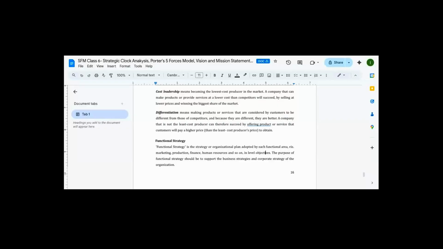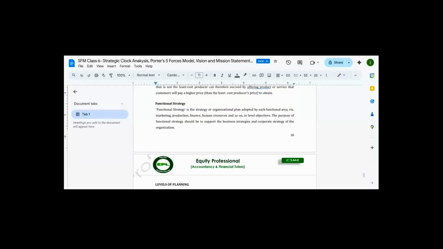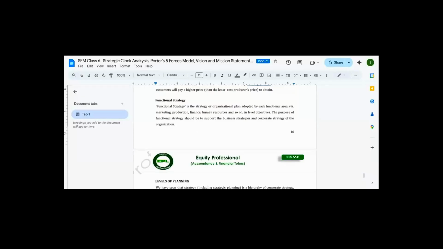The purpose of the functional strategy should be to support the business strategy and corporate strategy of the organization.